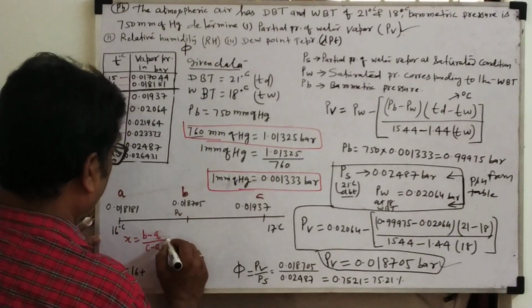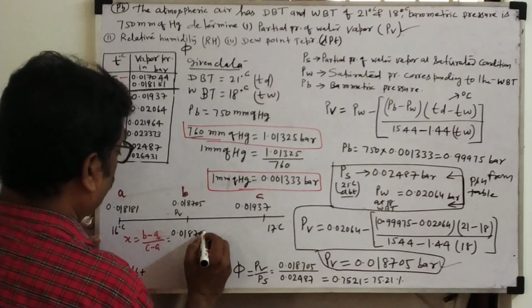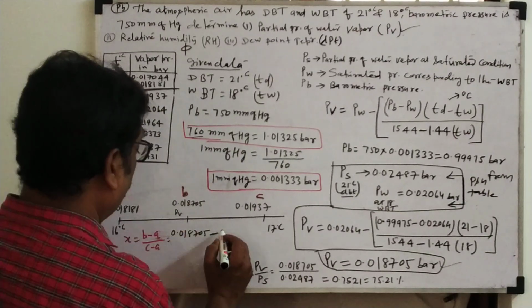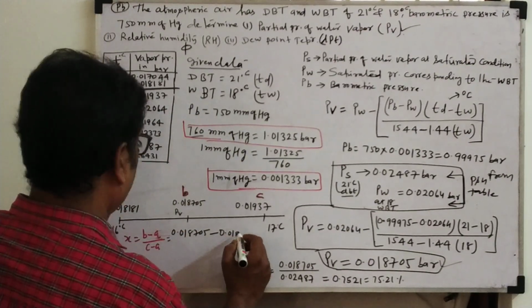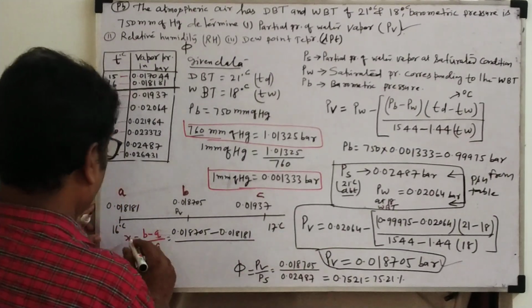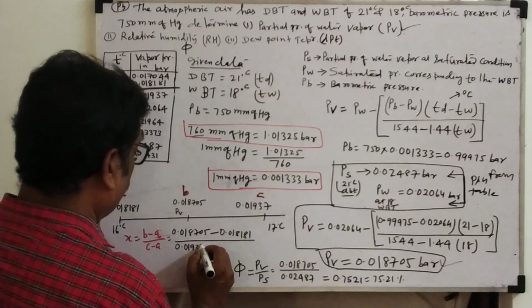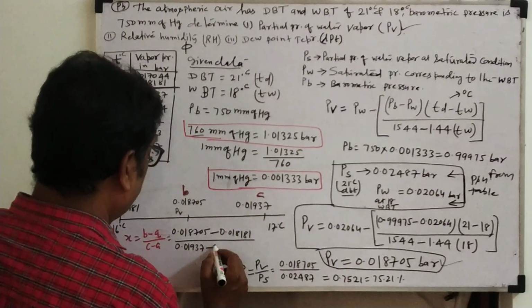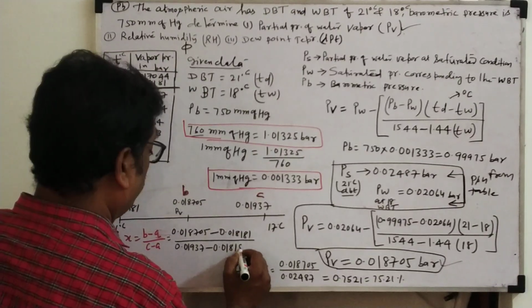So what is the B value here? 0.018705 minus A value, which is 0.018181, divided by C, 0.01937 minus A value 0.018181.